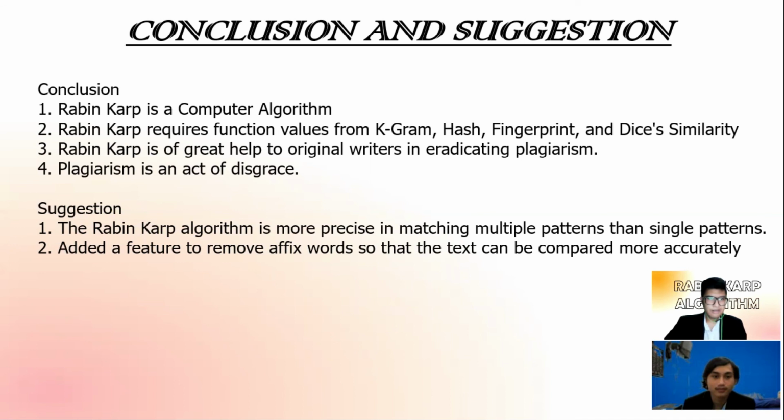Fourth, plagiarism is an act of disgrace. Suggestion. First, the Rabin Karp algorithm is more precise in matching multiple patterns than single patterns. Second, add a feature to remove affix words so that the text can be compared more accurately.